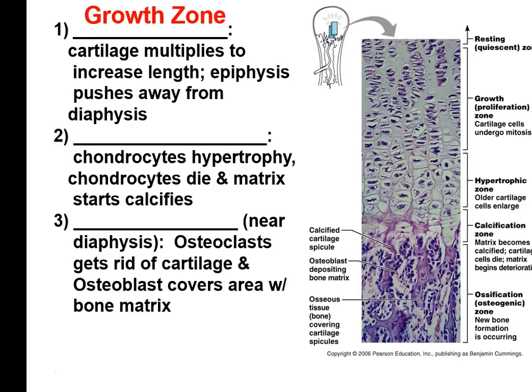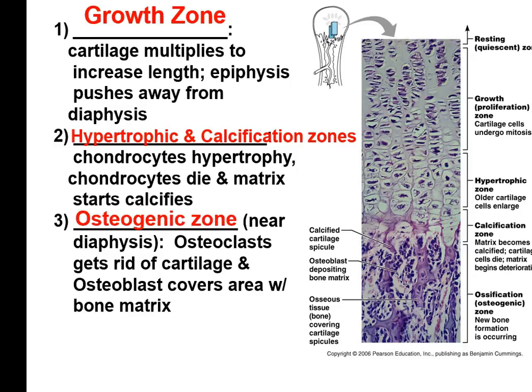The epiphysis is pushed away from the diaphysis. In this new area, as we get closer to the shaft, those new cartilage cells start to get very big, and then they start to calcify. They change from being cartilage into being bone. And so you have the osteogenic zone that's nearest the diaphysis, and this is where we complete our bone growth.